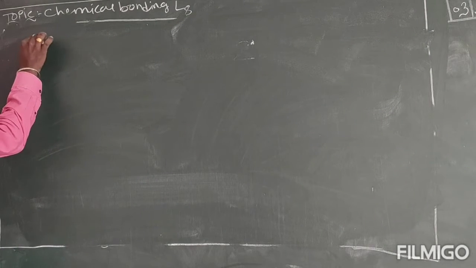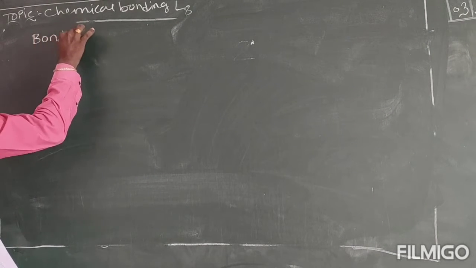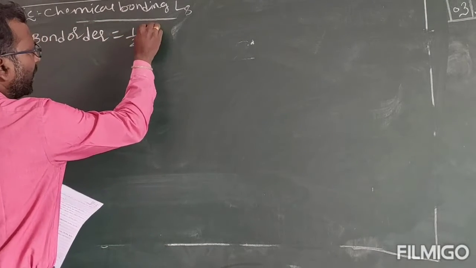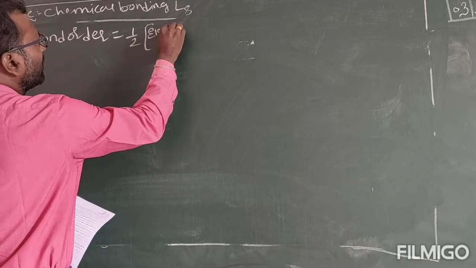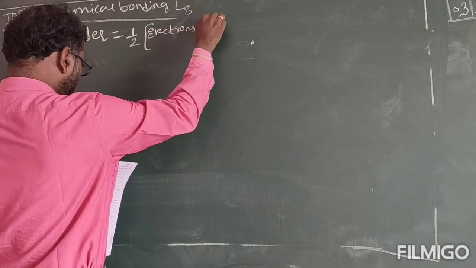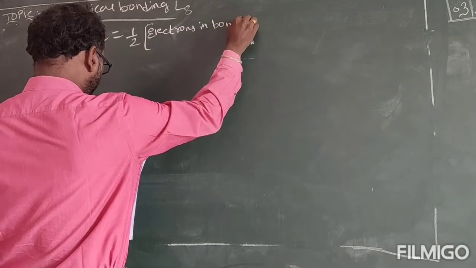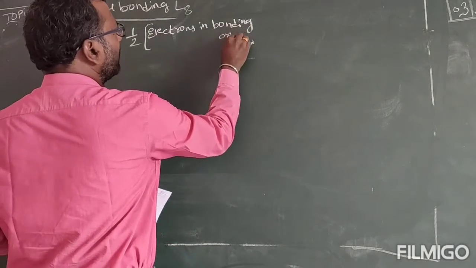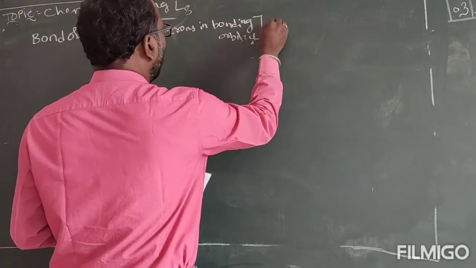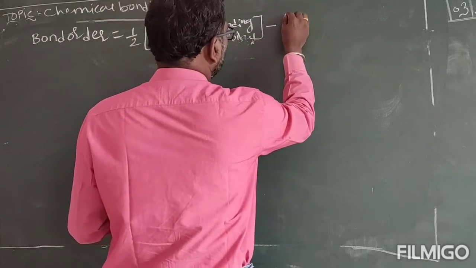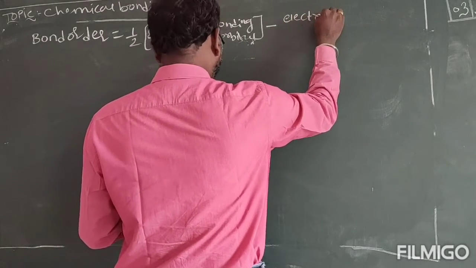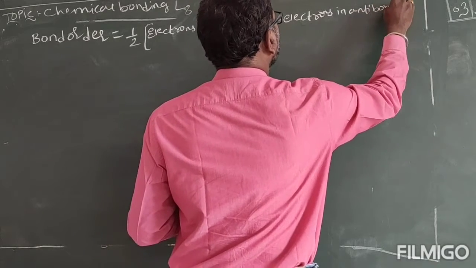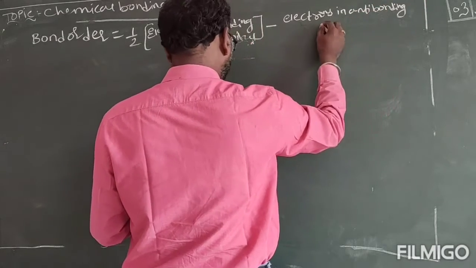So first, bond order. The formula for the bond order is half of electrons in bonding orbital minus electrons in anti-bonding orbital.